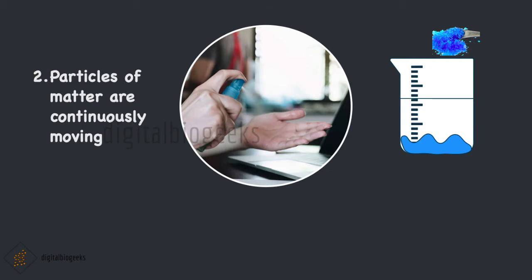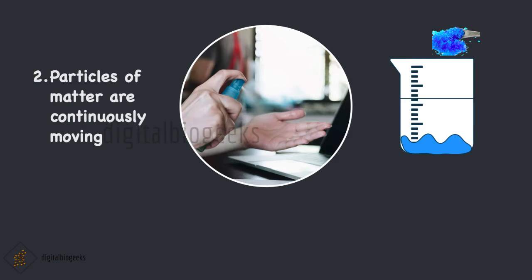If we put these crystals in hot water, the water color changes at a faster rate. The particles in matter are continuously moving, and the energy of this moving particle is called kinetic energy. So the particle possesses kinetic energy.